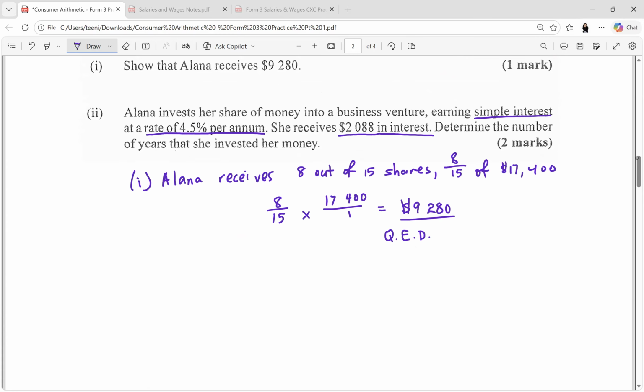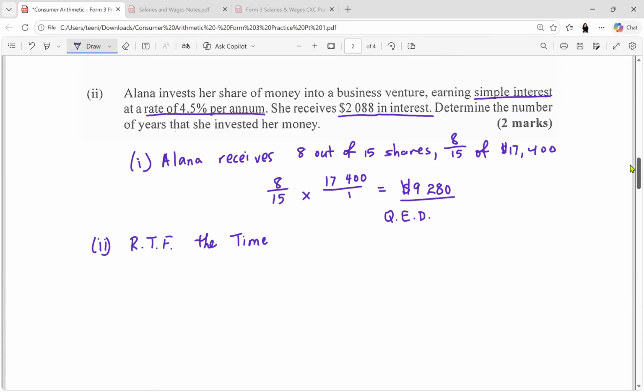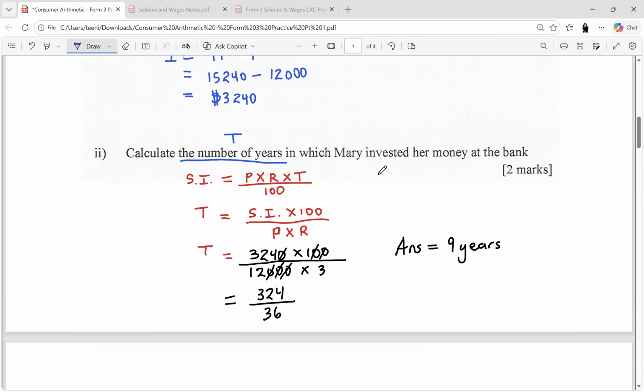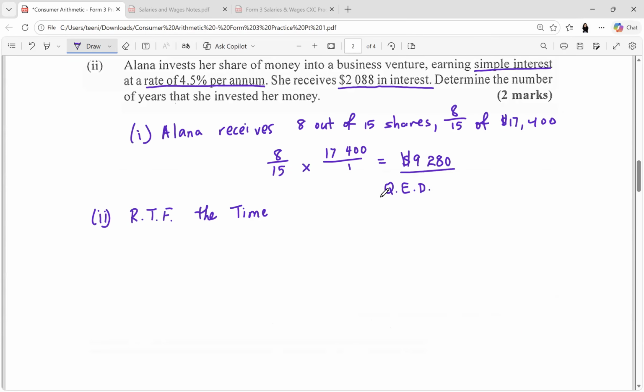So just like the last question that Zara and I worked through, we are required to find, RTF means required to find, the time. So let's go back up here. To find time, we would manipulate the formula to make time the subject. So we do simple interest times 100 and divide that by the principal times rate.